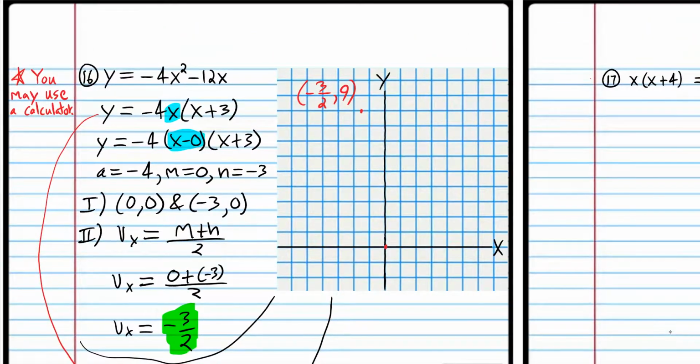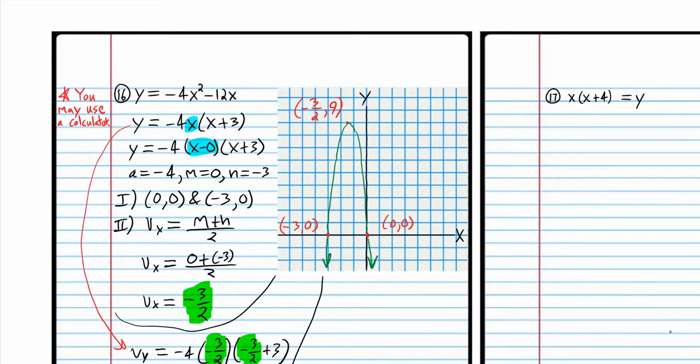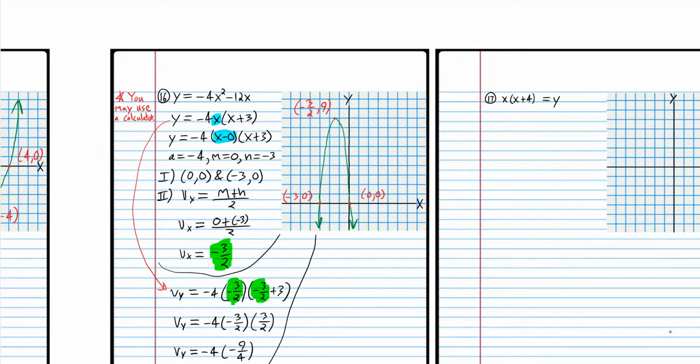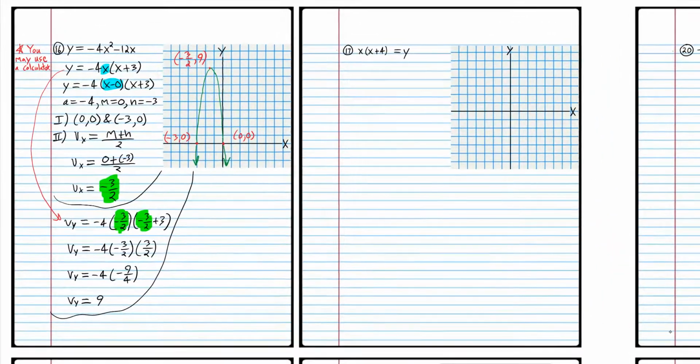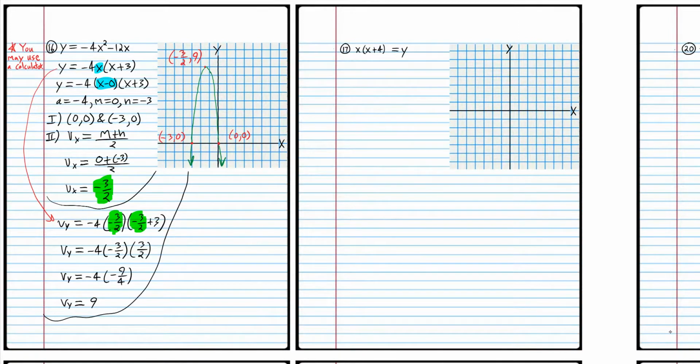That's 0 and negative 3. And we can connect the dots. And there you go. All right, so if you got that answer, good job. So on to number 17.